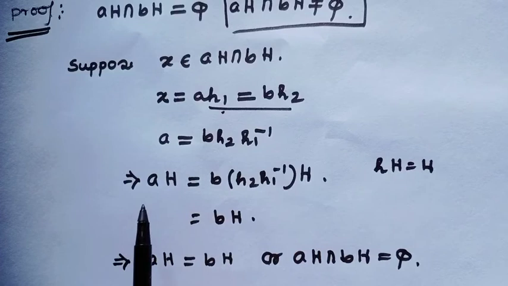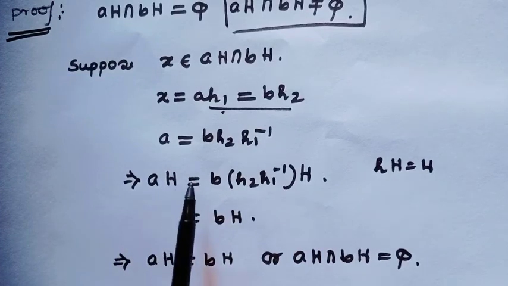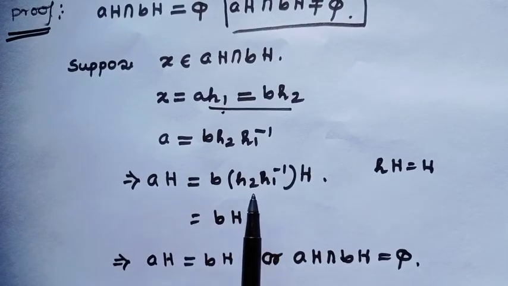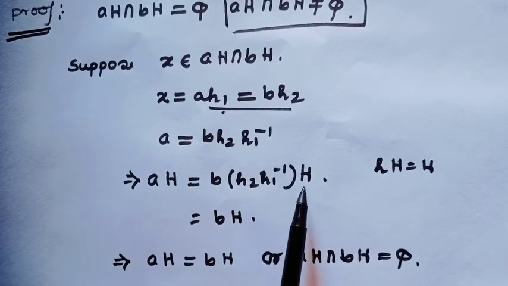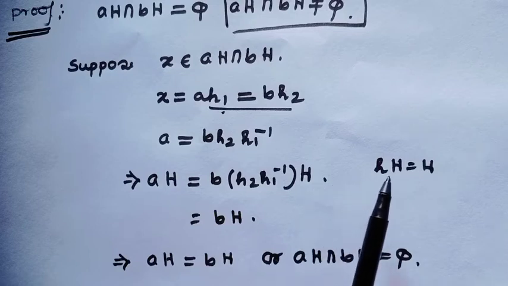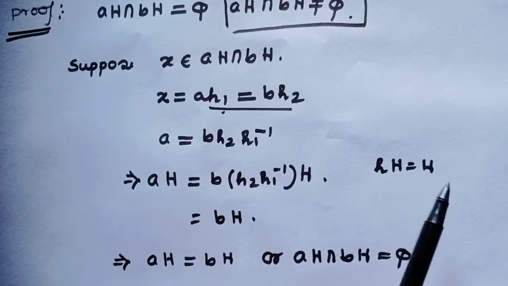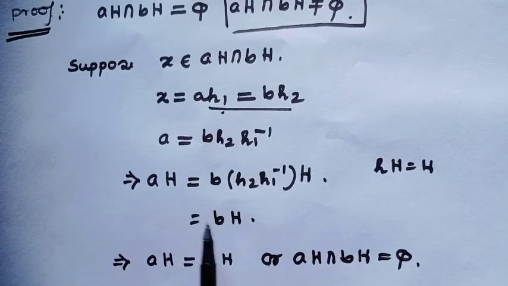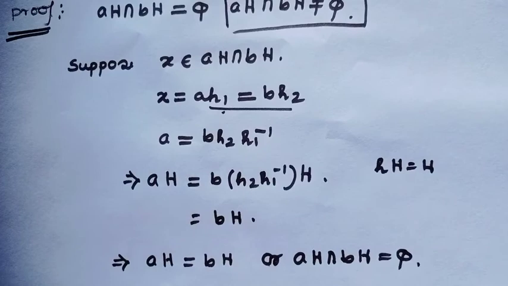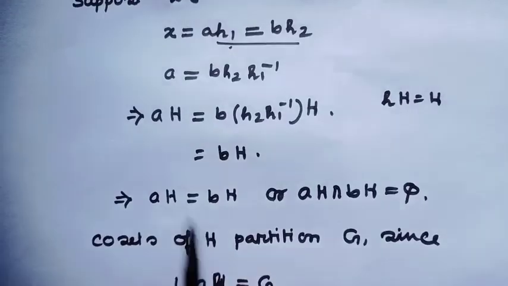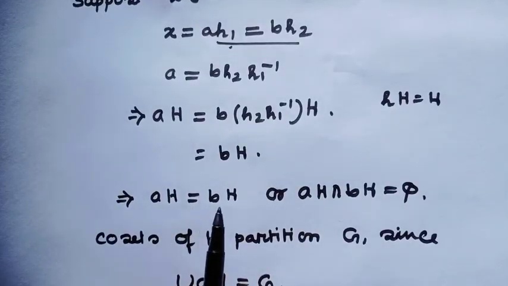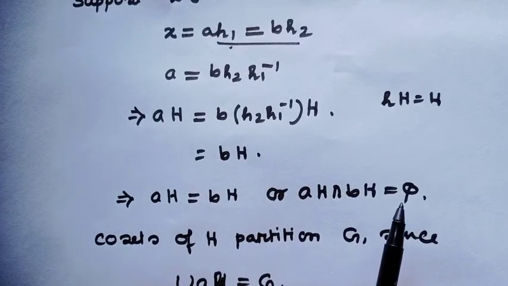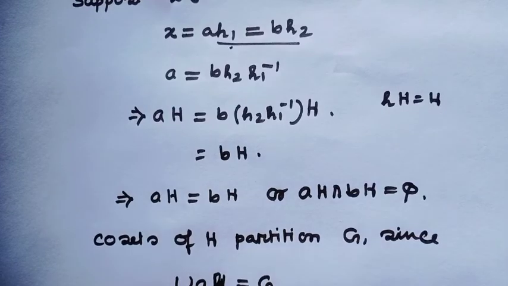If we multiply both sides by H, then aH is equal to b h2 h1 inverse times H, and h2 h1 inverse H is always equal to H. That means from this line we can write this is equal to bH. From this it implies aH equals bH, or aH intersect bH equals empty. There exists no other possibility.